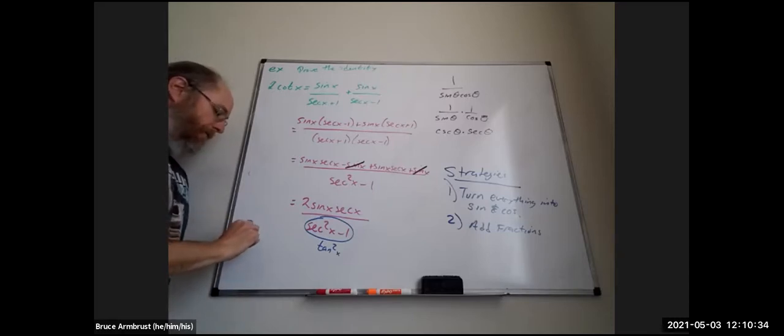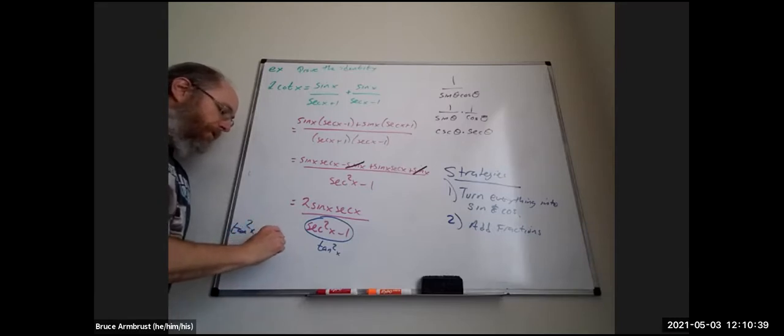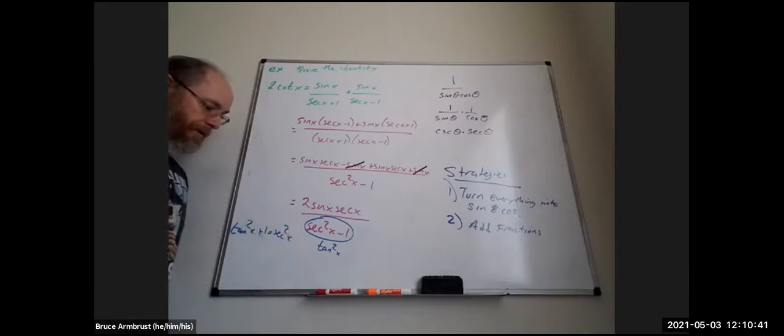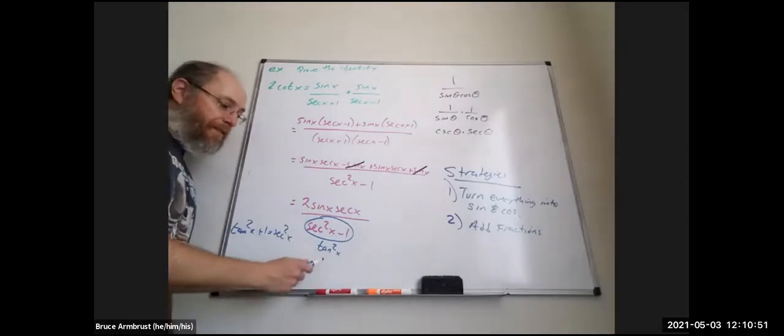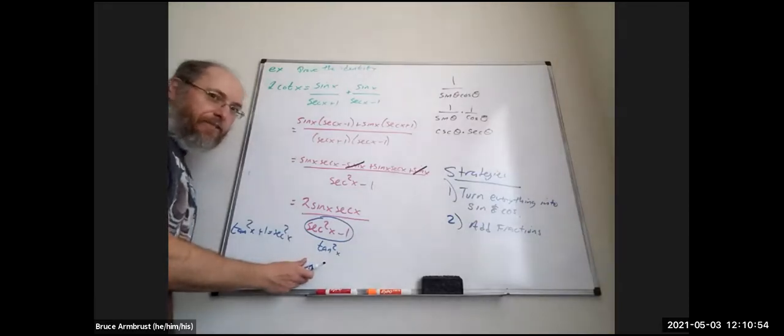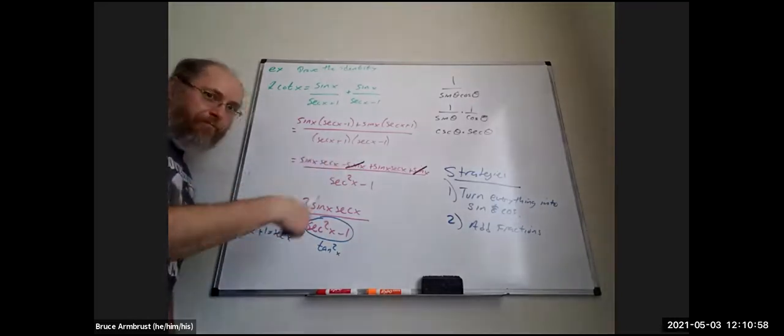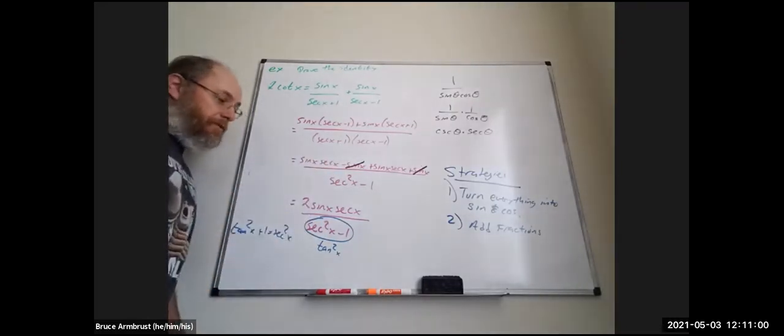We had tangent squared plus 1 was equal to secant squared. So if you subtract the 1 over, we've got secant squared minus 1 equals tangent squared. So I'm going to do that. Because like I said, tangents are just as good as cotangents to me. Because I can always just move them around, flip them over to get cotangents.